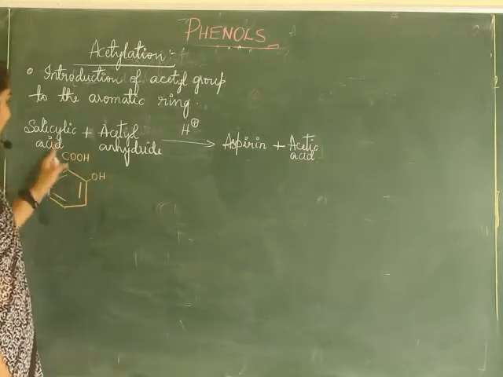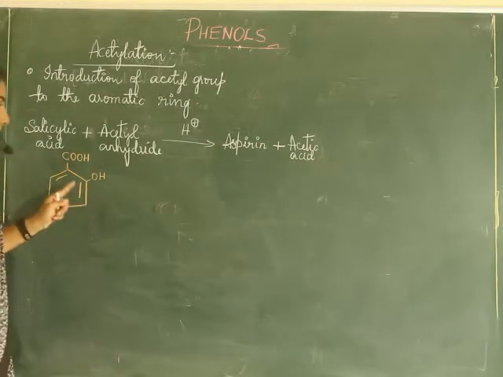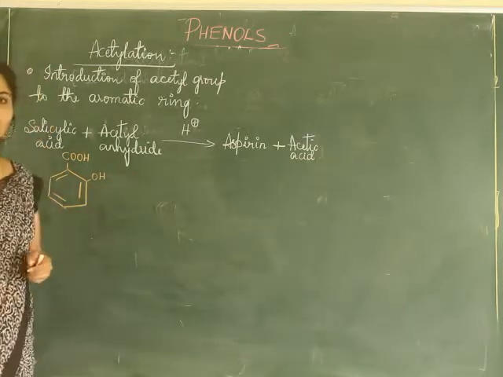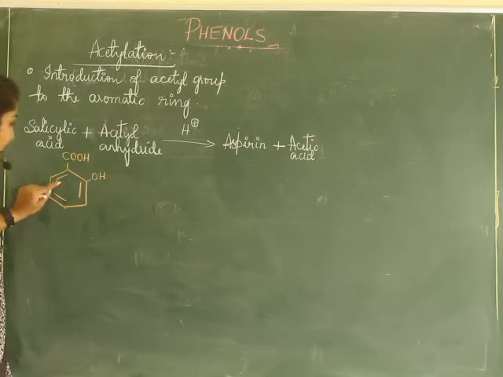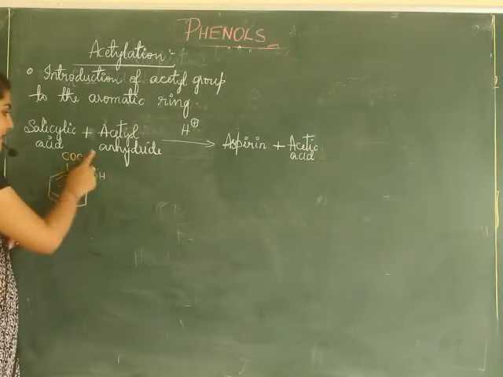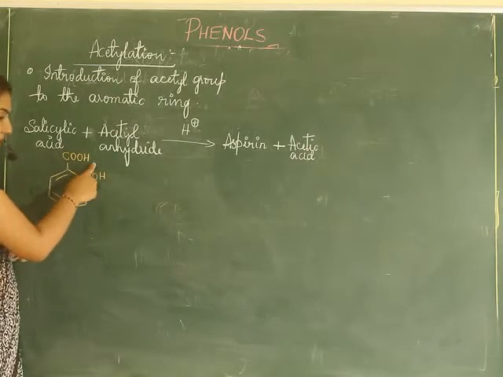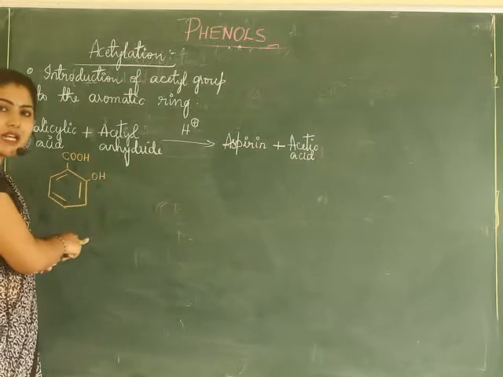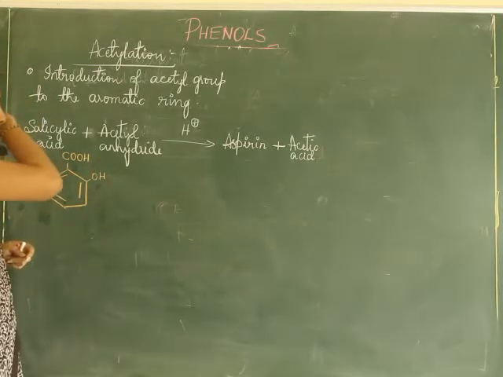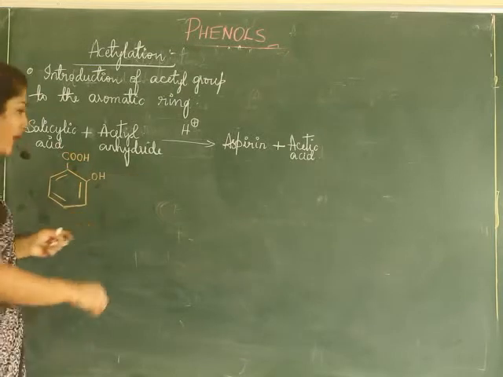Whenever you write some reaction, below that you write its name also. Salicylic acid is a benzene ring with OH and COOH. When you say acid, remember the COOH group, and since we are studying it under phenols, you have one OH group also. Acetic anhydride, you know how to write, isn't it?